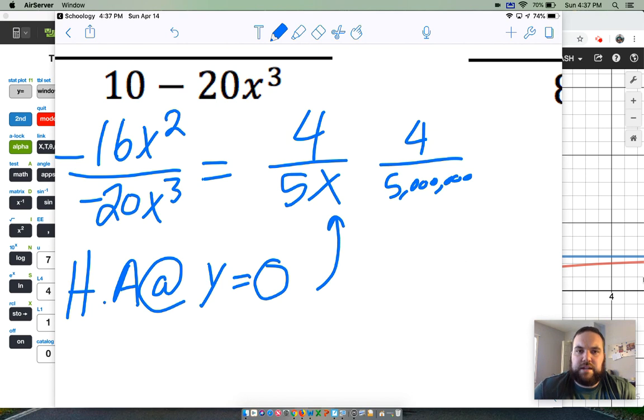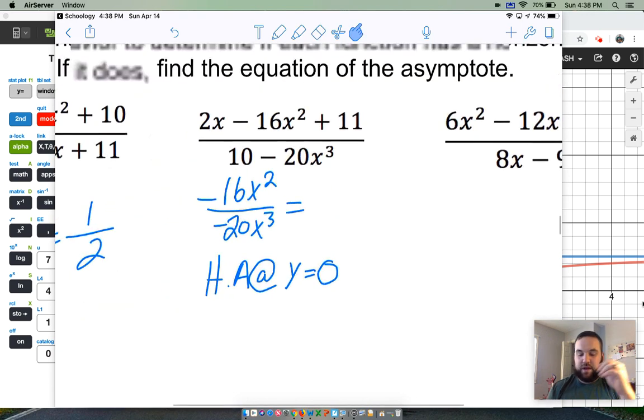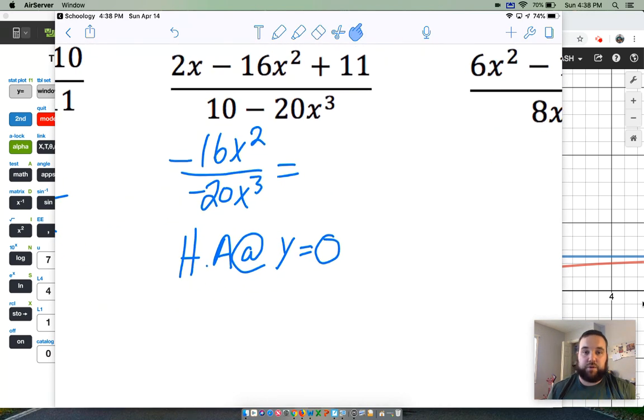That's the whole idea behind a horizontal asymptote: you're getting closer and closer to that number, but never quite reaching it. If I made the x value bigger, I would be dividing by a bigger and bigger number, which would get me closer and closer to 0. I'm not going to put that one into the graph. If you want to put this into Desmos just to see how the horizontal asymptote shows up, then go for it.